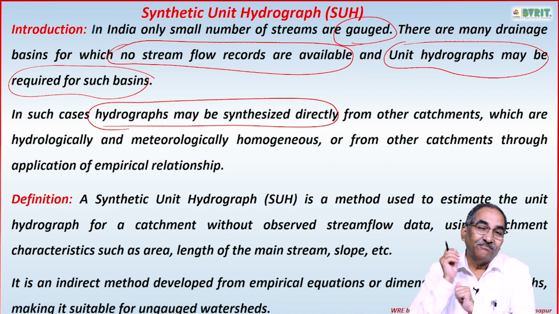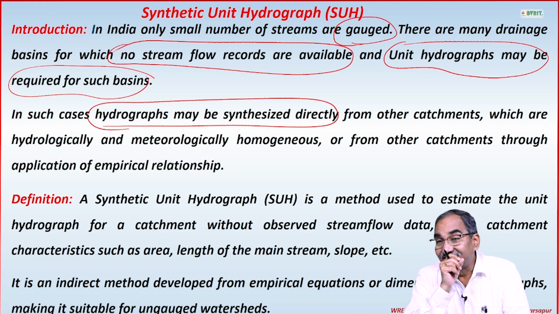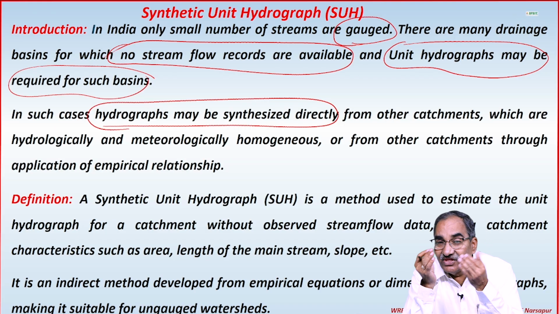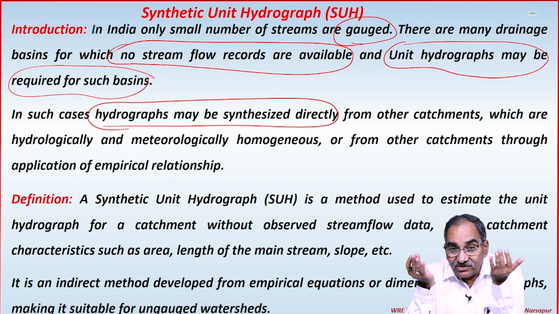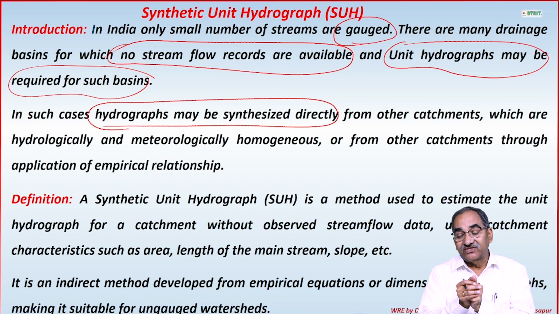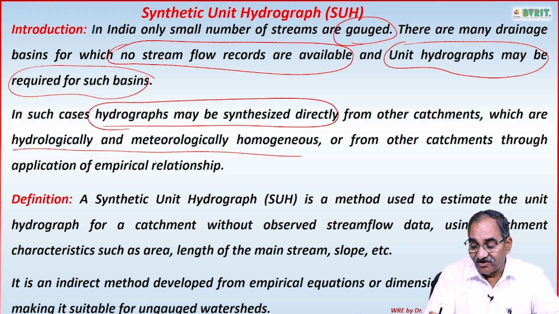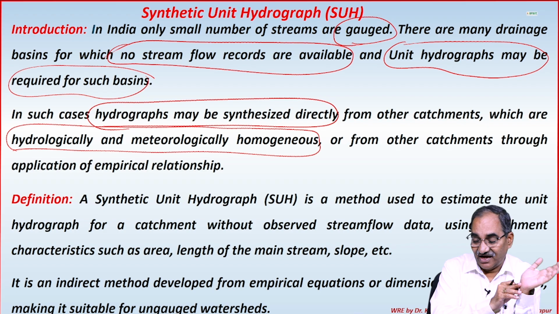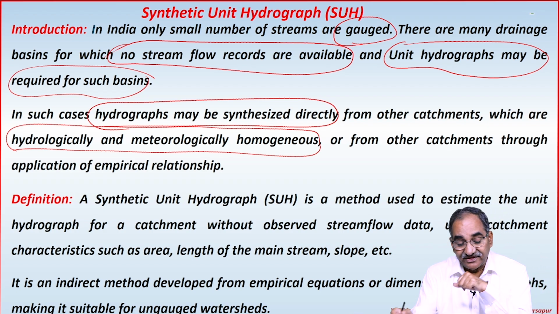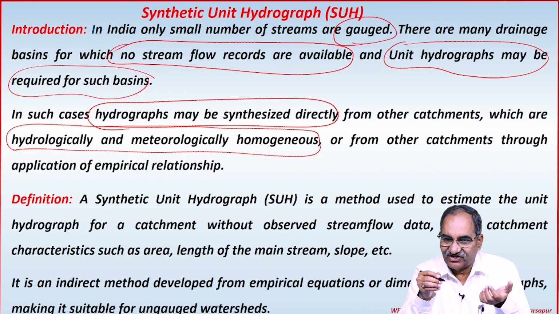While selecting, naturally, both the ungauged catchment and the gauged catchment should be hydrologically and meteorologically homogeneous. Only then can the data from one be useful to the other, or from other catchments through the application of an empirical relationship.